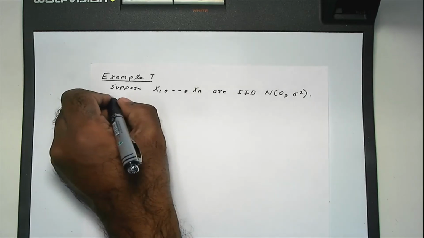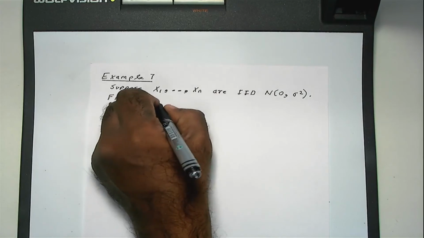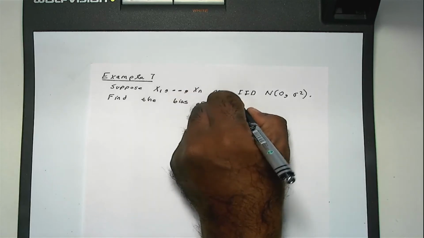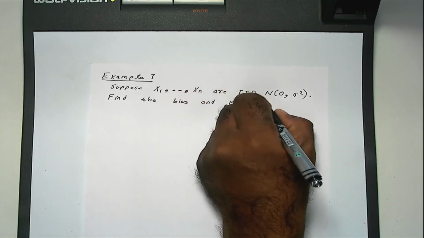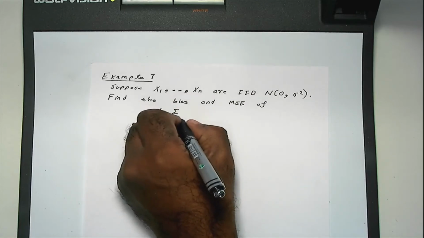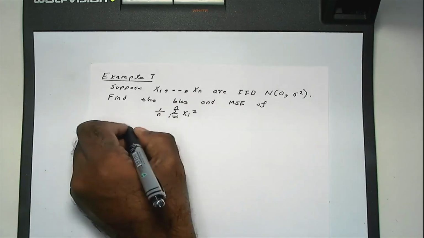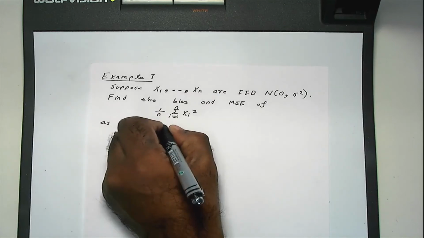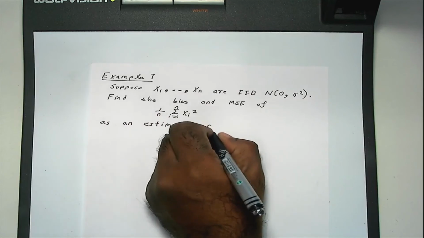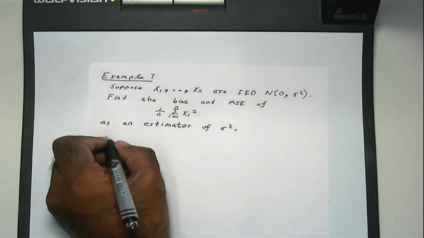Now in this example I'm going to find the bias and MSE of the following as an estimator of sigma squared. So let's start with the bias first.